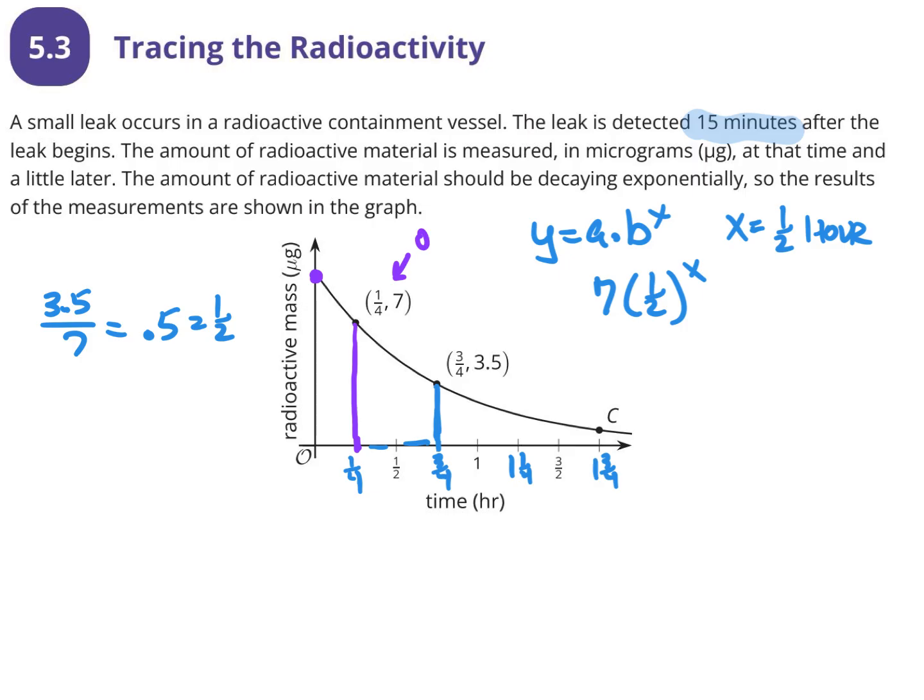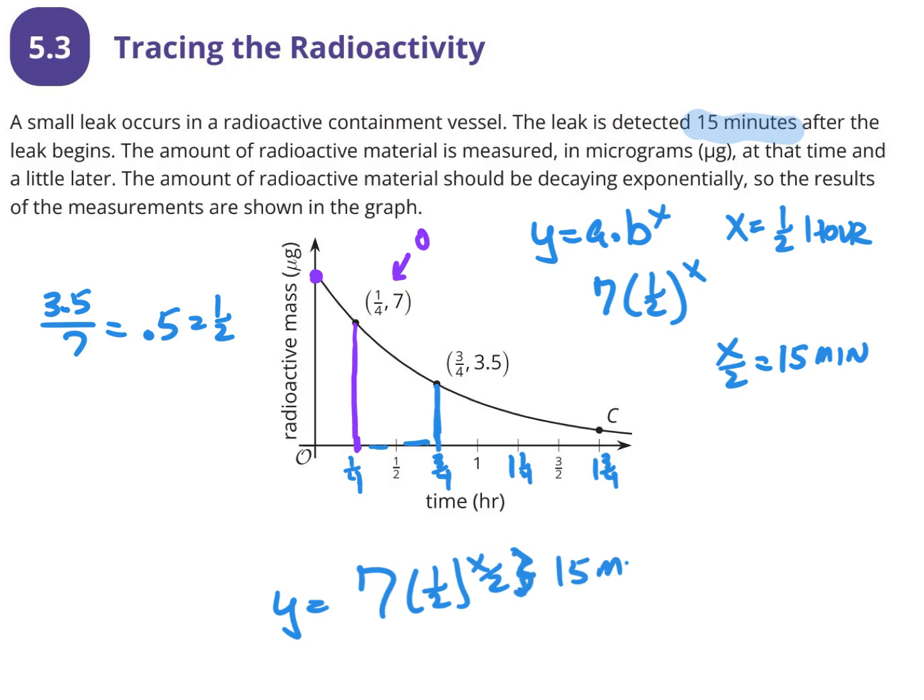Now, what is the time frame for 1/4 hour? If I take x and divide it by 2, that gives me 15 minutes or 1/4 of an hour. So let's write that 15 minutes. So each jump on the thing is 15 minutes. So I'm going to do 7, put this into the calculator, 1/2 to x divided by 2, where my variable stands for 15 minutes.